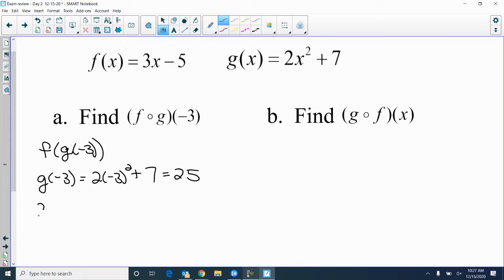From there, plug that into the f function. And you get 3 times 25 minus 5 equals 70. So in the end, f of g of -3 equals 70.